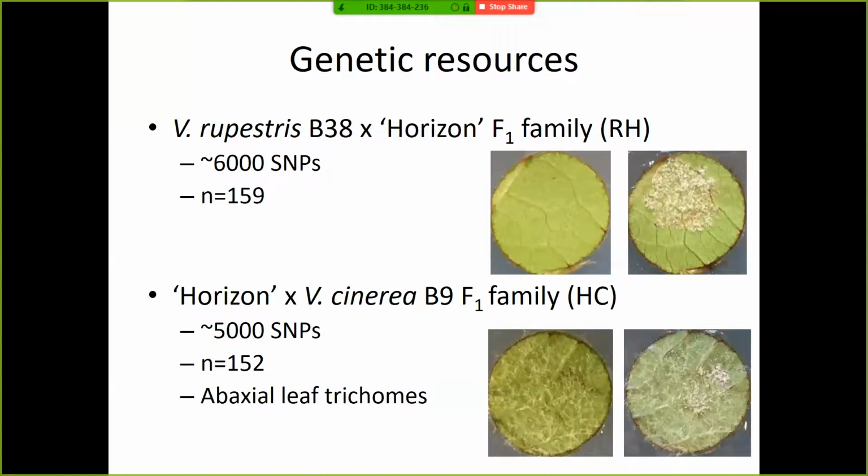You can see the sporulation on both, but it's much harder to see on the leaf disc that has leaf trichomes, because the leaf trichomes are white and the sporulation is white, so it's difficult to differentiate them. And so the idea is to use the computer vision rating prior to inoculation as a covariate to control for the leaf trichomes.